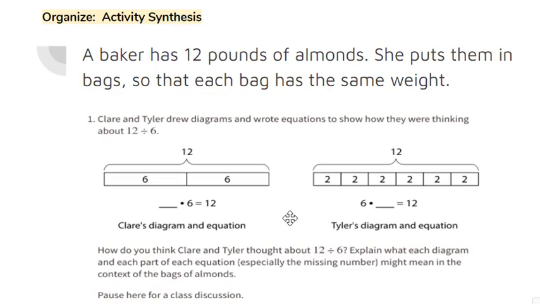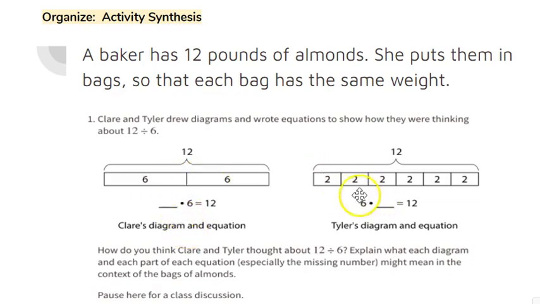It's just like we talked about a second ago. If you're thinking of it as 12 divided by 6 equals 2, and you're talking about 6-pound bags, that's what we're talking about here.